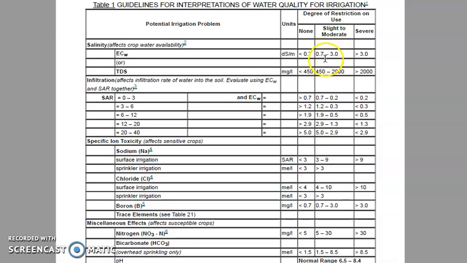If the EC is between 0.7 and 3 dS per meter, then you have a slight to moderate degree of restriction in use. If your water is more than 3 dS per meter, then you have a severe degree of restriction in use.